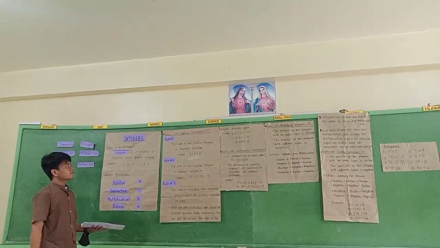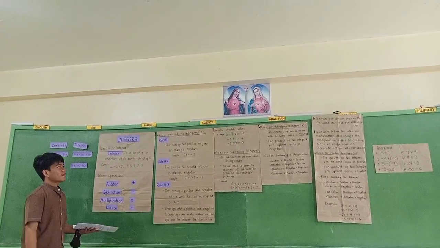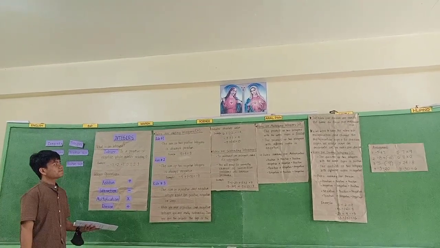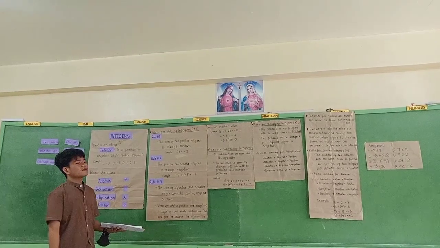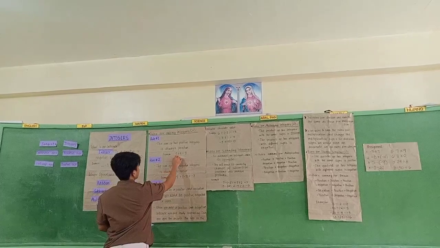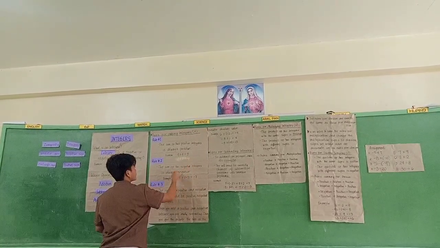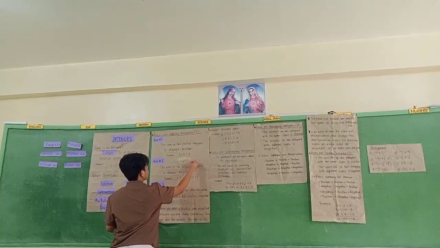And also the rules for adding integers. We have here rule number 1. The sum of two positive integers is always positive. Example, 4 plus 4 equals 8. Another one, 2 plus 2 equals 4. And 3 plus 3 equals 6.